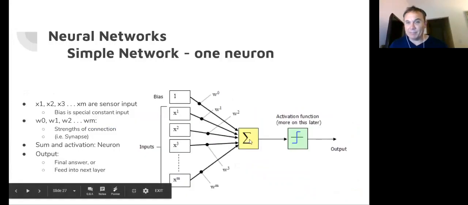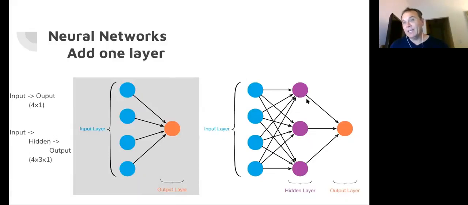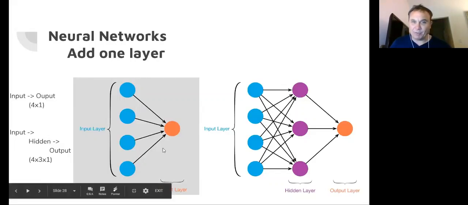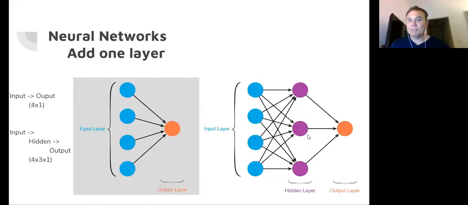It's got a summation, then an activation function. And then the outputs of those act just like the inputs acted in our first neural network, and they feed your final output. So we're able to do a much more complicated function with this network.